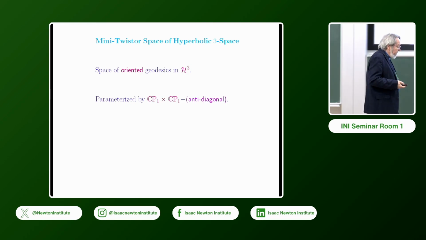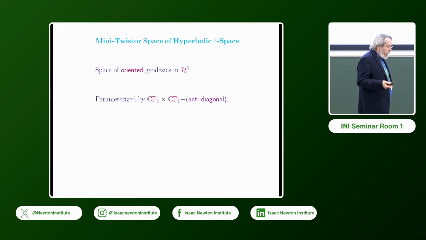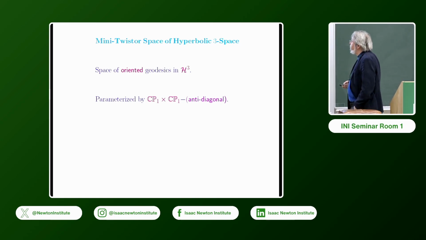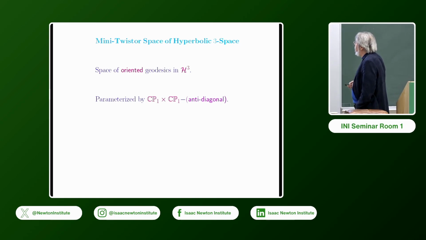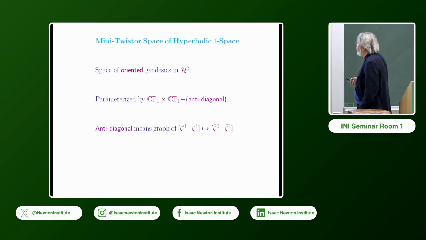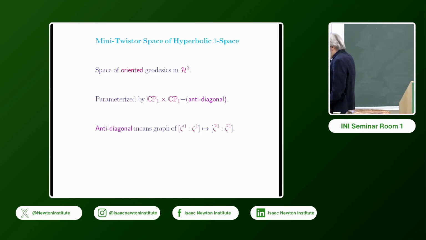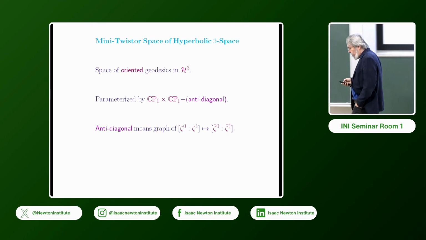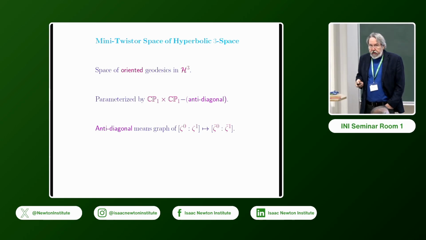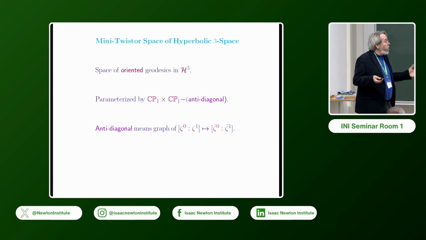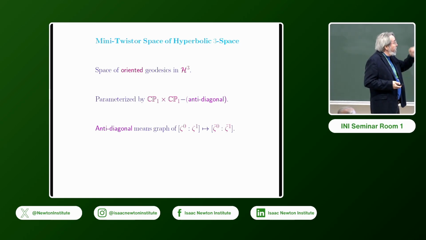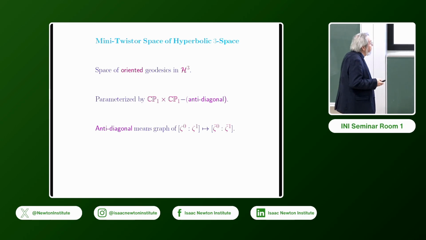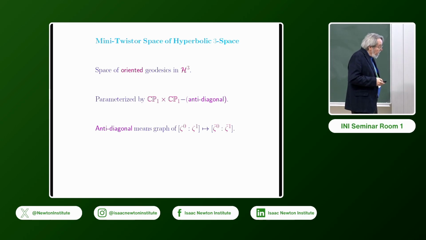It's simply thinking of the initial and final positions as points in CP1. So if you orient it so that this is the Riemann sphere times the Riemann sphere, the thing that you initially thought of as the diagonal becomes the anti-diagonal, because to do it this way I have to choose some orientation-reversing map.